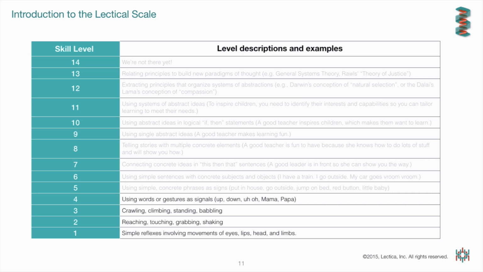At level 4, toddlers begin using words or gestures as signals, such as up, down, uh-oh, mama, and papa. At level 5, young children use simple concrete words or phrases as signs, such as put in house, go outside, jump on bed, red button, little baby.